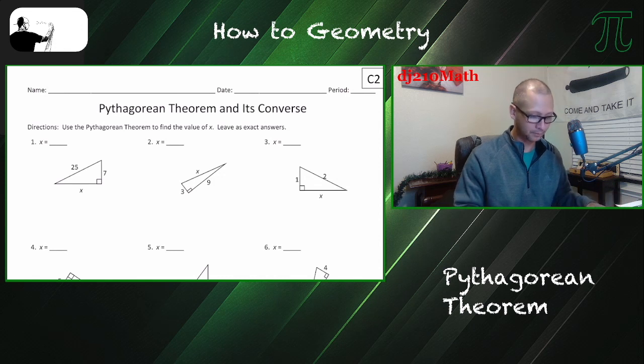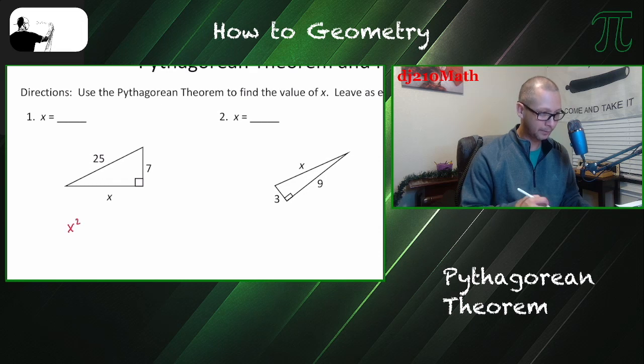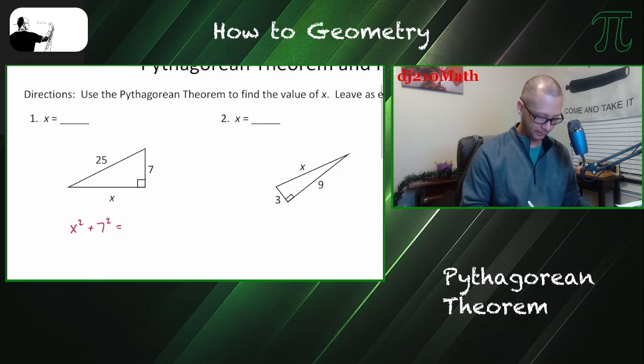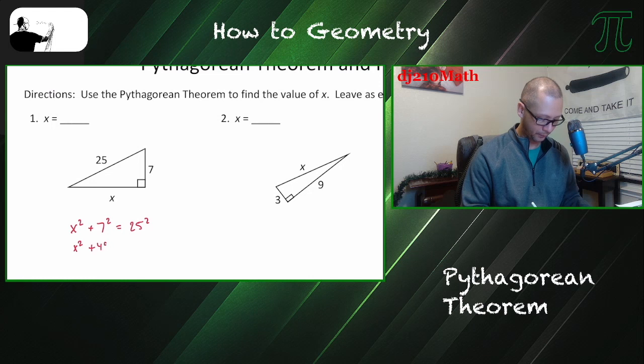Some practical ones. All right, so when you're solving for x, solving for the missing leg, we have x squared plus 7 squared is equal to 25 squared. Right, the sum of the squares of the legs is equal to the square of the hypotenuse. This is going to be x squared plus 49 equals 25 squared. So 25 times 25, I believe, is 625.